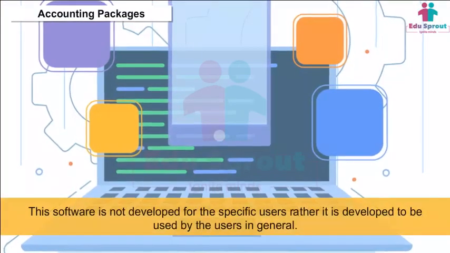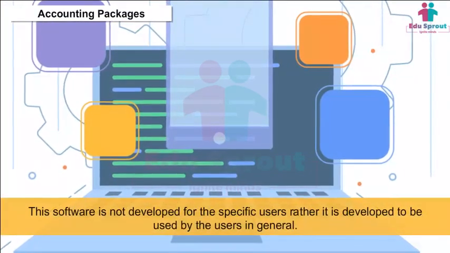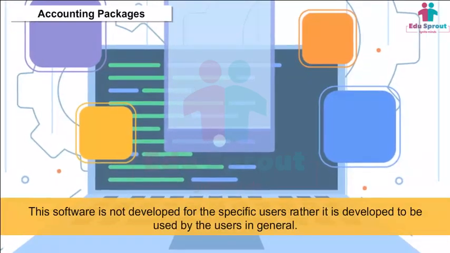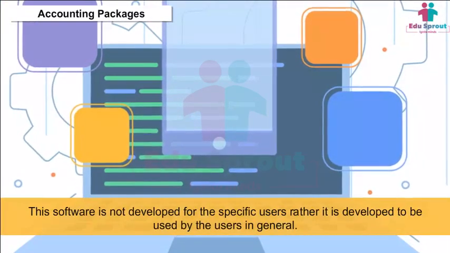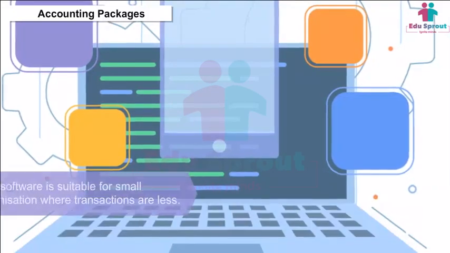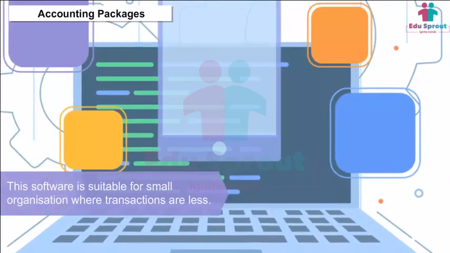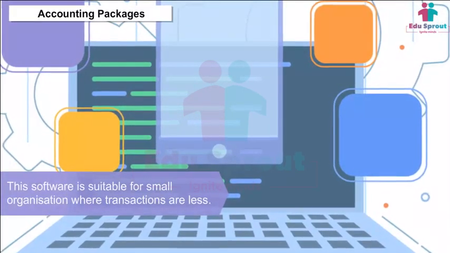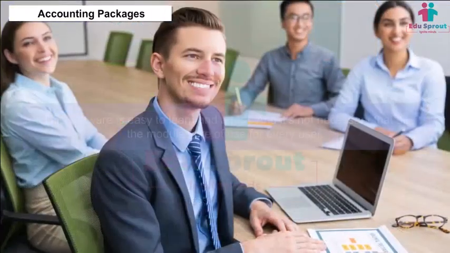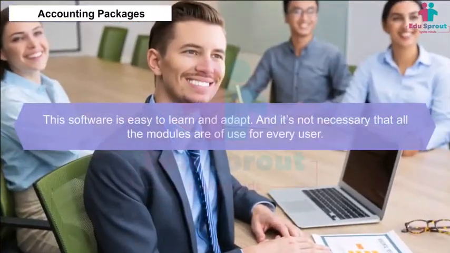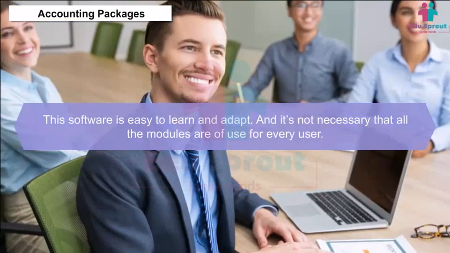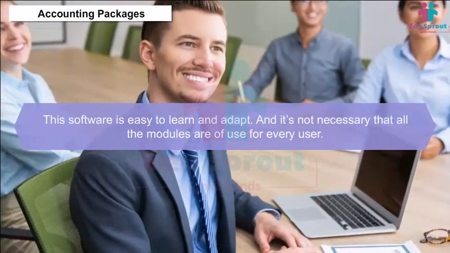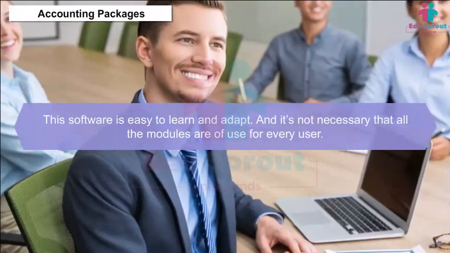This software is not developed for specific users. Rather, it is developed for use by users in general. This software is suitable for small organizations where transactions are less. This software is easy to learn and adapt, and it's not necessary that all the modules are of use for every user.